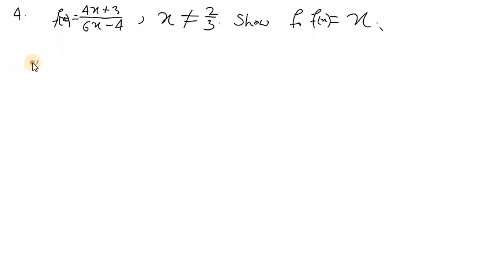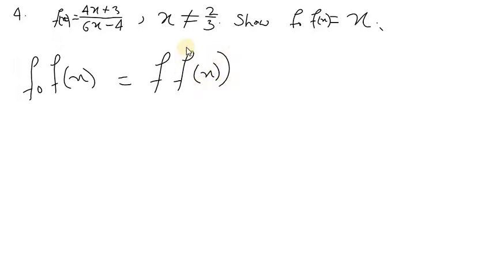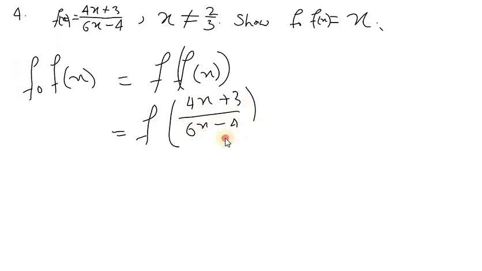So we have to find f of f of x. Here f of x is 4x plus 3 divided by 6x minus 4. Now again you have to find f of this thing.